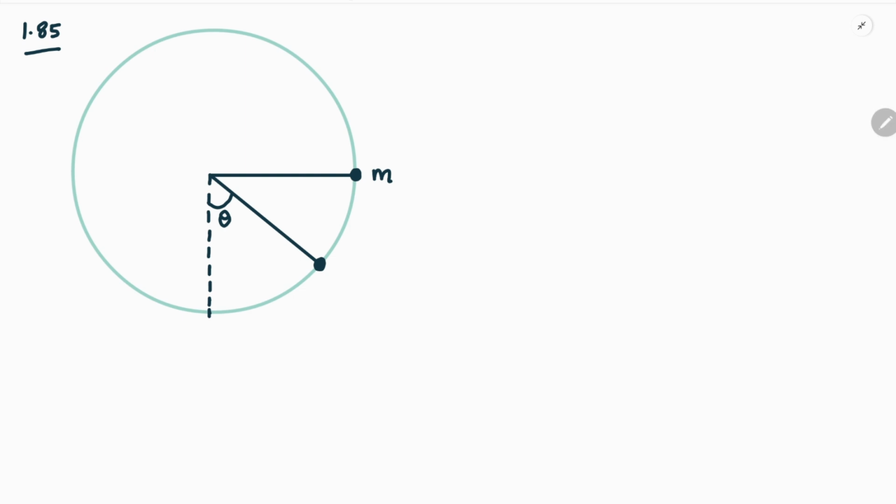So the first thing that we need to understand is that as this sphere descends over here, it is following a circular path, and at this instant of time it will have a certain velocity v.